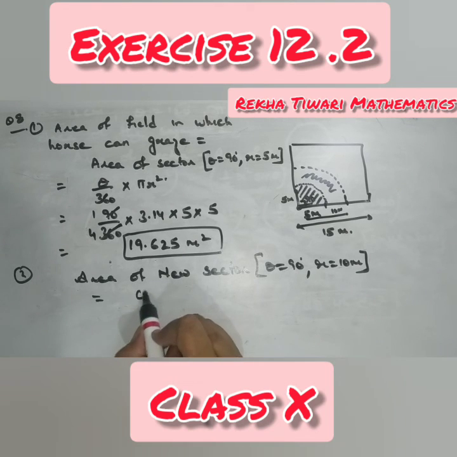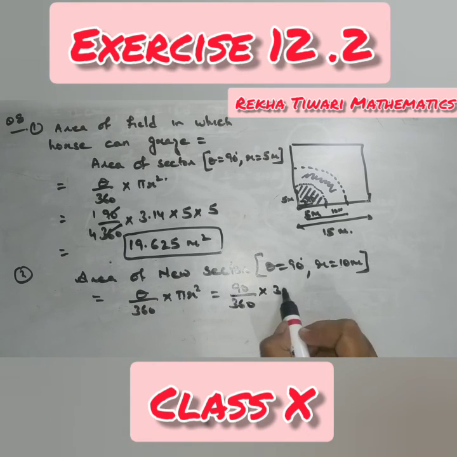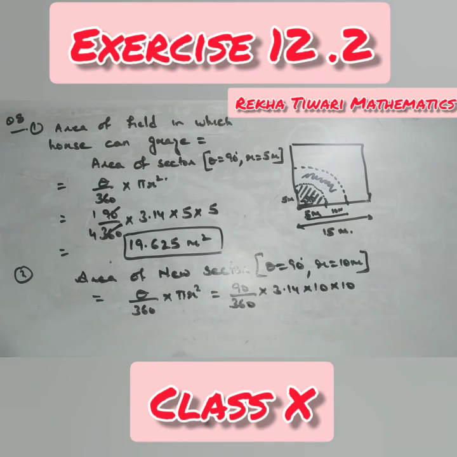So the formula is the same, theta by 360 into pi r square. Put down the value, 90 by 360 into 3.14 into 10 into 10. Cancel. This is 1 by 4 into 314, which is equal to 78.5 meter square.